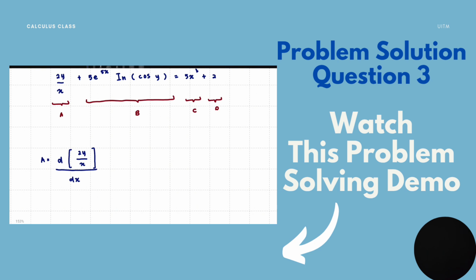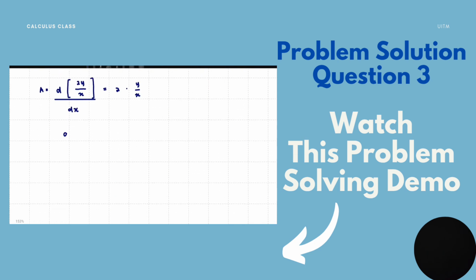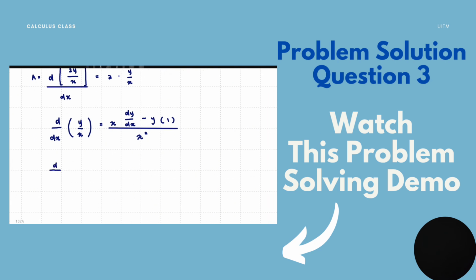For part a, we have d open bracket 2y over x close bracket over dx equal to 2 times d over dx of y over x. Then the next step, we write d over dx times y over x equal to x dy over dx minus y times 1, over x square.